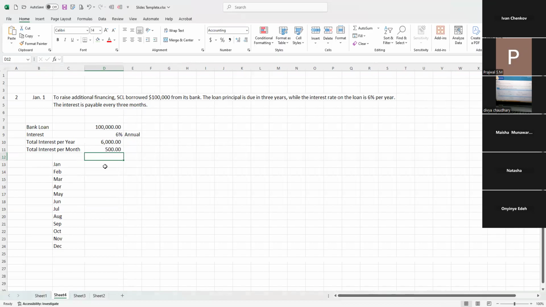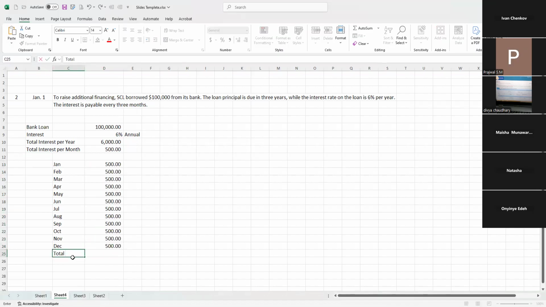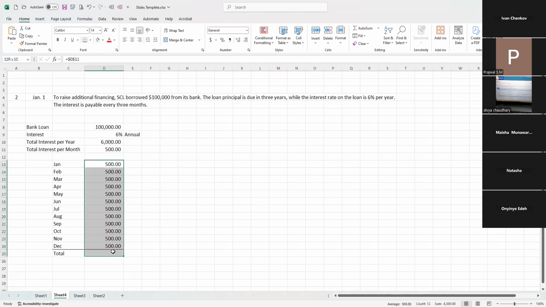So every month we have to put 500, plus 500, and keep going until we get the total of 6,000. And that will be our expense, correct? That's correct. Yes. So that will be our interest expense.